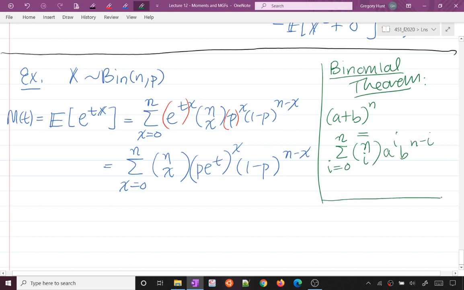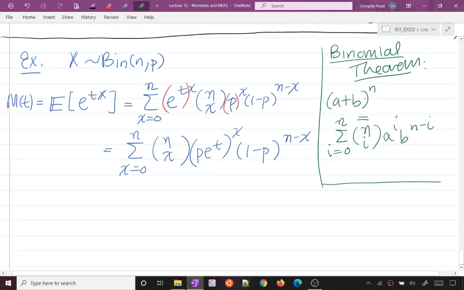So the binomial theorem: if I look at a plus b to the n, it's some polynomial in a and b to various powers. And they have coefficients. It turns out the coefficients are exactly the binomial coefficients. And then we have to combine the different powers of a and b, and this is the way to do it.